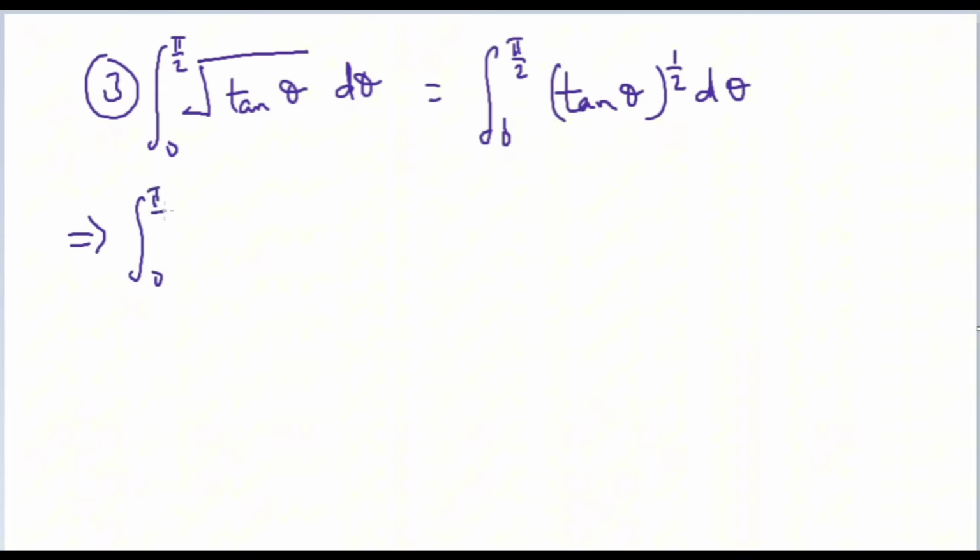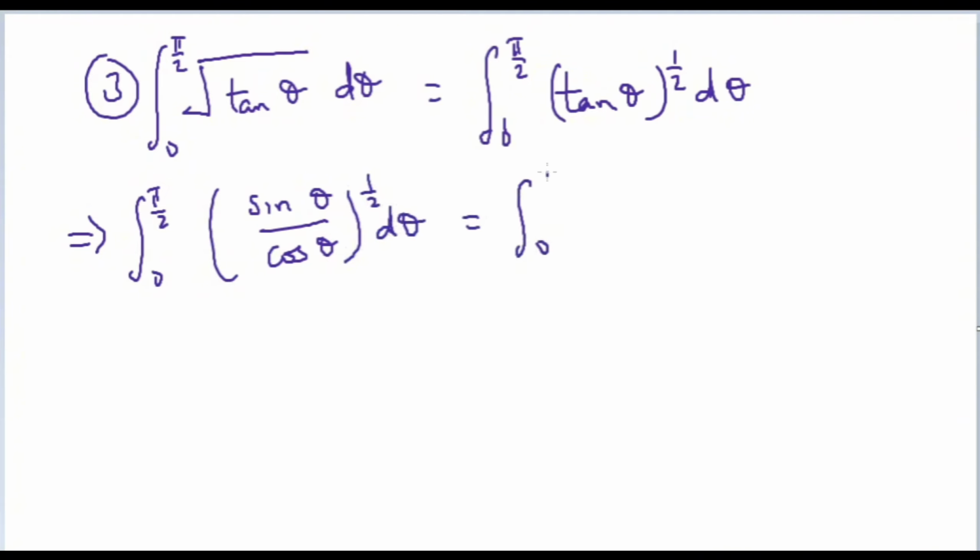And I can also write it as the integral from 0 to pi over 2 of sine theta over cos theta. Is that not still tan? Exactly. So now this is also equal to the integral from 0 to pi over 2 of sine one over two theta over cos one over two theta.